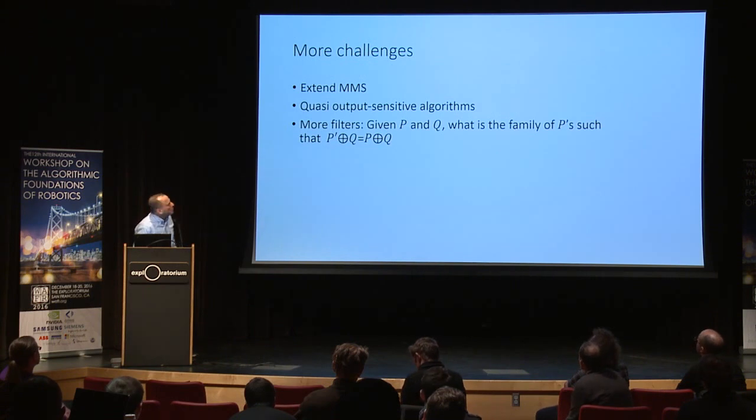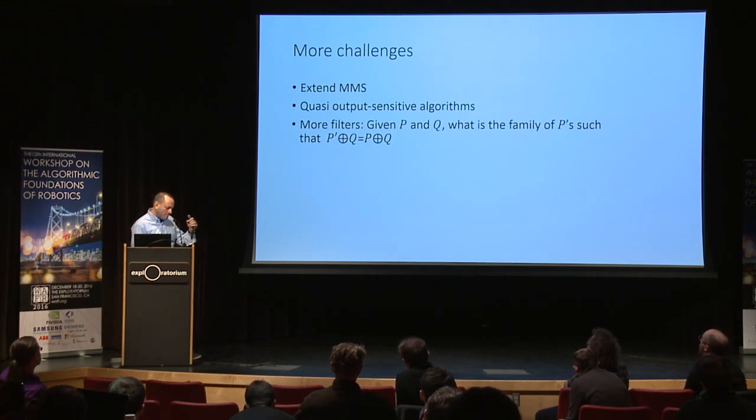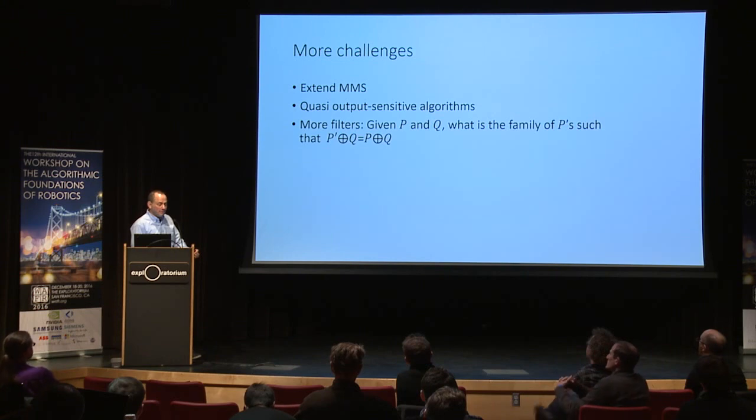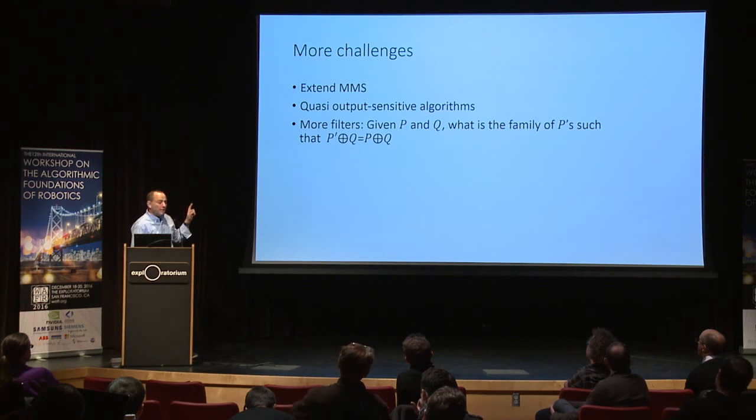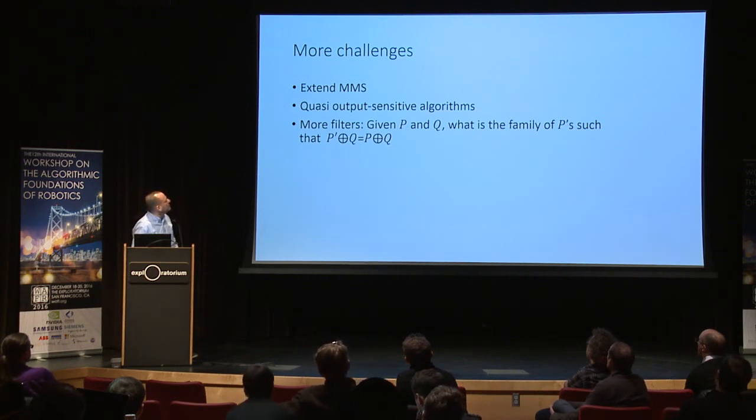Let me mention a few more problems. I mentioned MMS, the motion planning with manifold samples that helps you deal with tighter questions. If we will have 3-dimensional Minkowski sums, we could push it higher in the dimension. I should tell you that MMS comes with full probabilistic completeness guarantees.